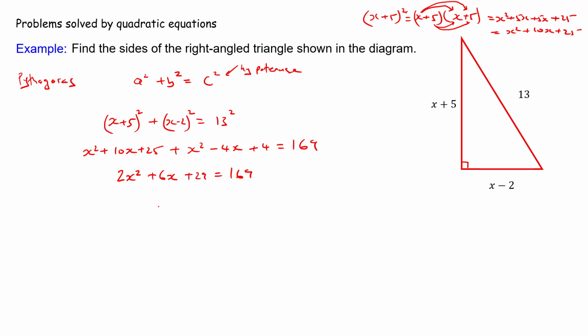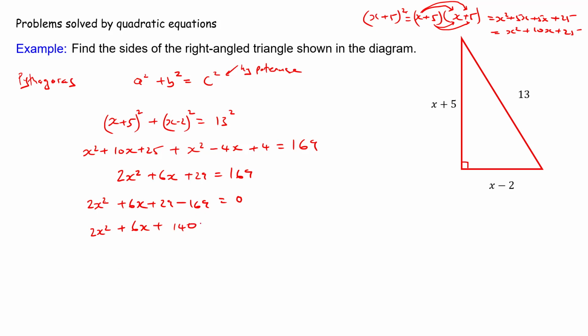So we'll bring everything over to the left hand side, so it looks like a quadratic. So we've got 2x squared plus 6x plus 29 minus 169 is equal to 0. So that means we've got 2x squared plus 6x plus 140.